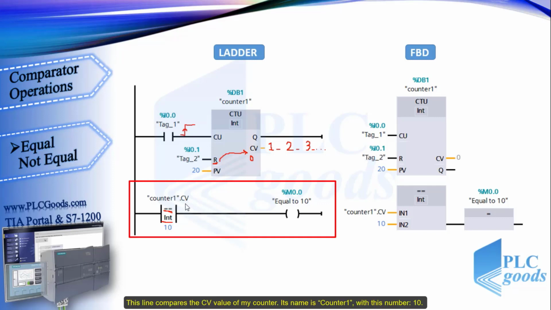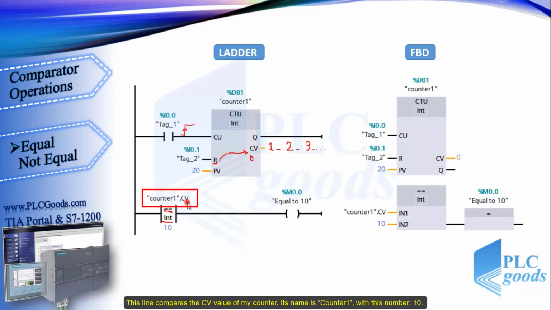This line compares the CV value of my counter, its name is counter1, with this number 10. So when the counter value is equal to 10, this output will be on. Also, on the right side, you can see its FBD program.